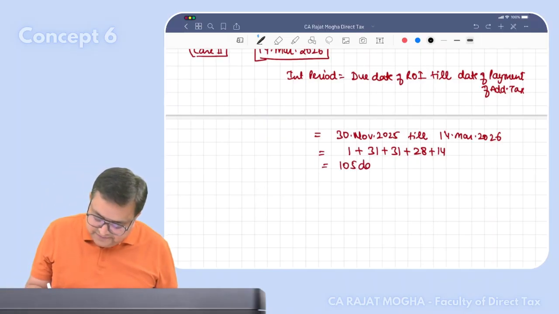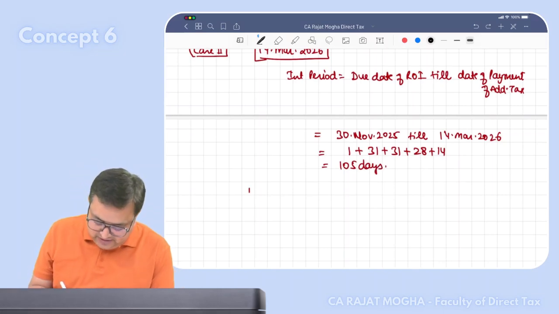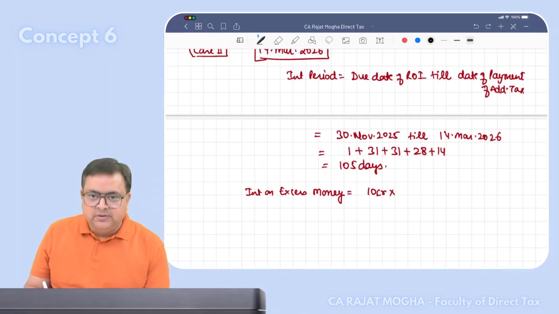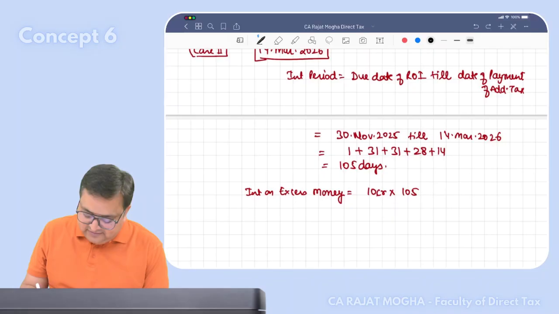So now, first of all, calculate the interest. Interest on excess money: the excess money was 10 crore into rate into 105 days out of 365.